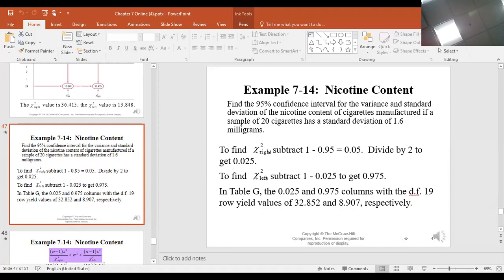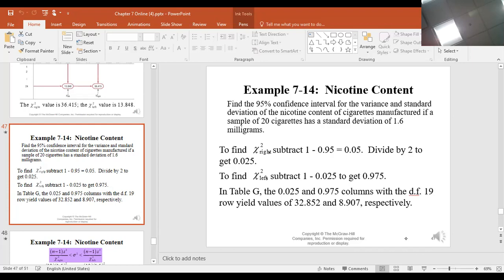So here we have C equal to 0.95. N equals what? N equals 20.